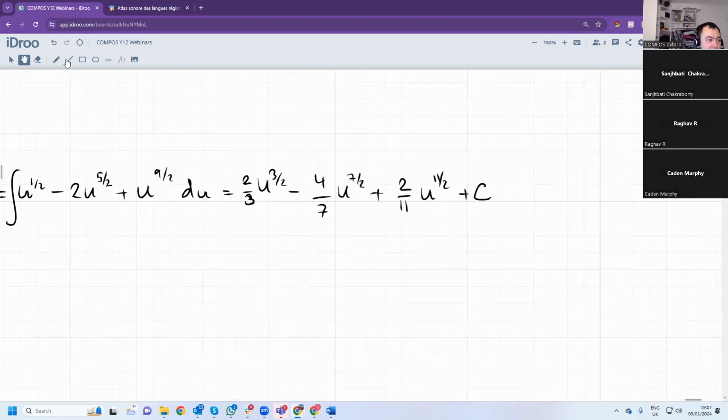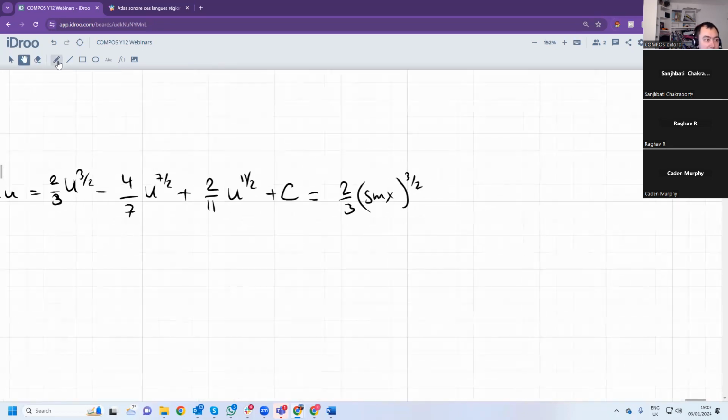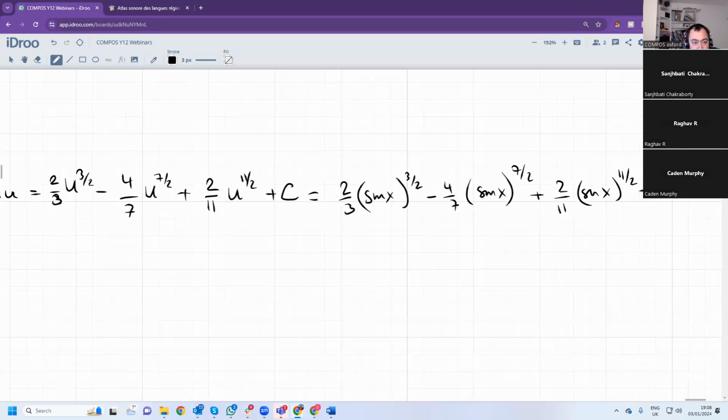So you reverse substitute. So it's going to be 2/3 sine x to the power 3 over 2, and then minus 4/7 sine x to the power 7 over 2 plus 2/11 sine x to the power 11 over 2 plus c.